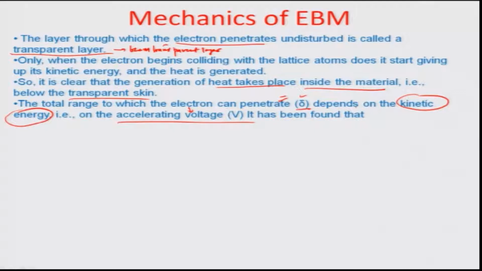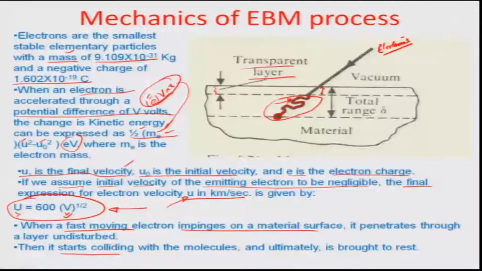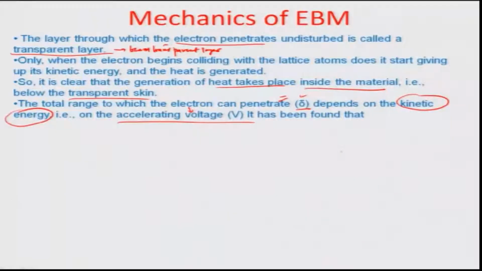So, the total penetration depth in this case is also including the beam transparent layer. So, you can see here as the total range. Okay, so, it is a beam transparent layer, maybe delta dash plus delta double dash, the total layer in which collisions start to happen, where delta dash plus delta double dash is equal to the total range of penetration or depth of penetration.